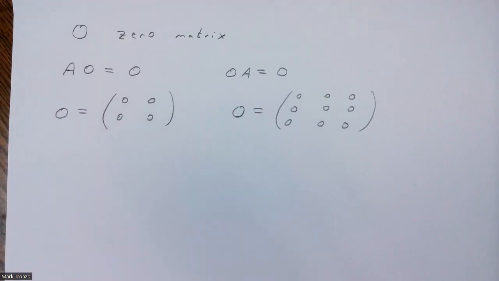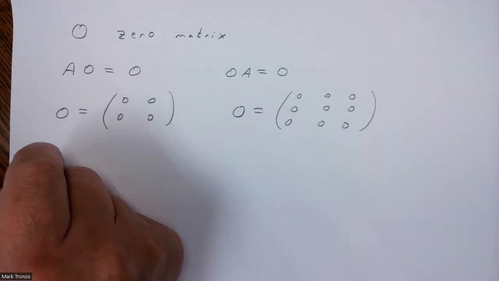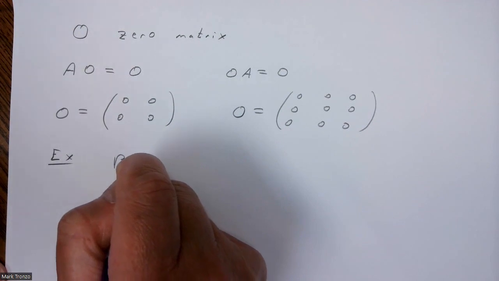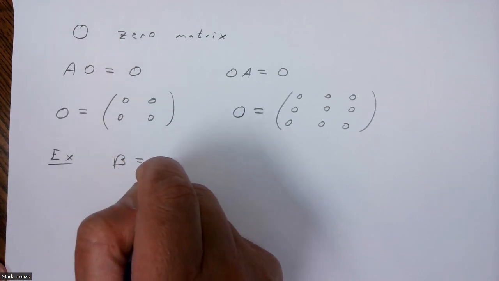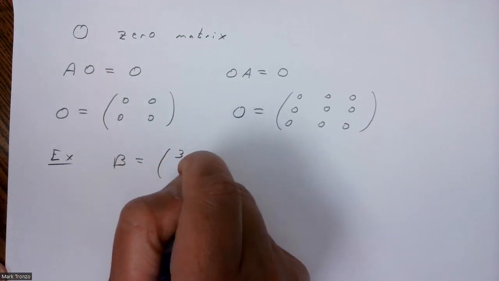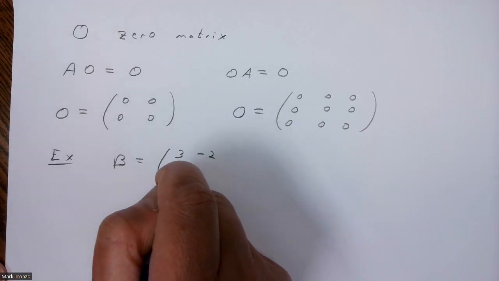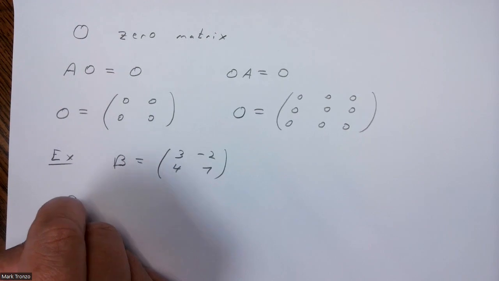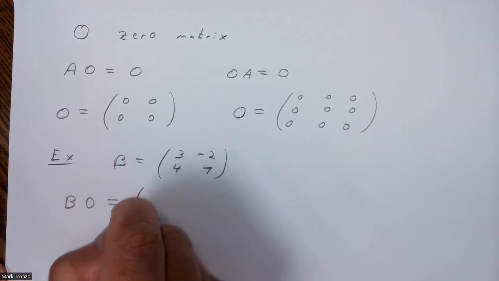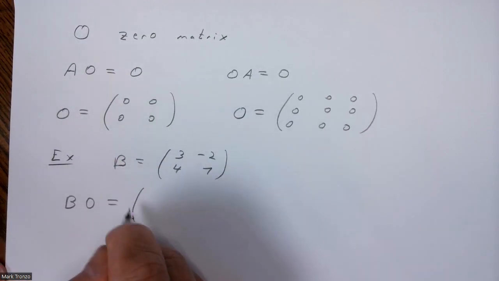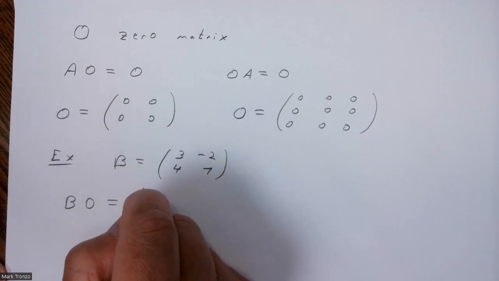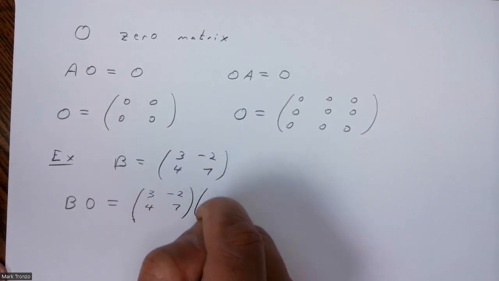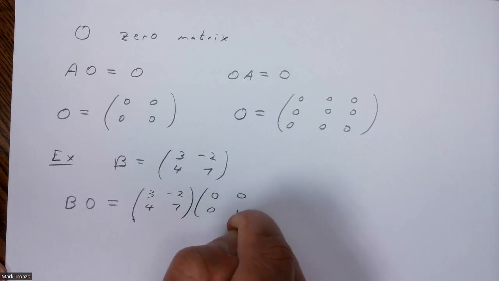And just like before, of course, let's use the same matrix B that we had, 3, minus 2, 4, 7. Then B times 0 is going to be 3, minus 2, 4, 7 times 0, 0, 0, 0.